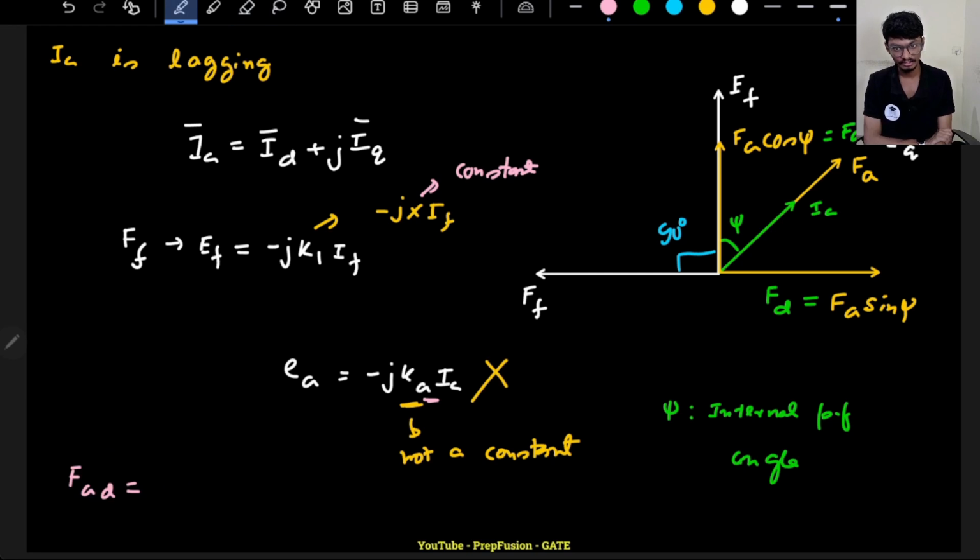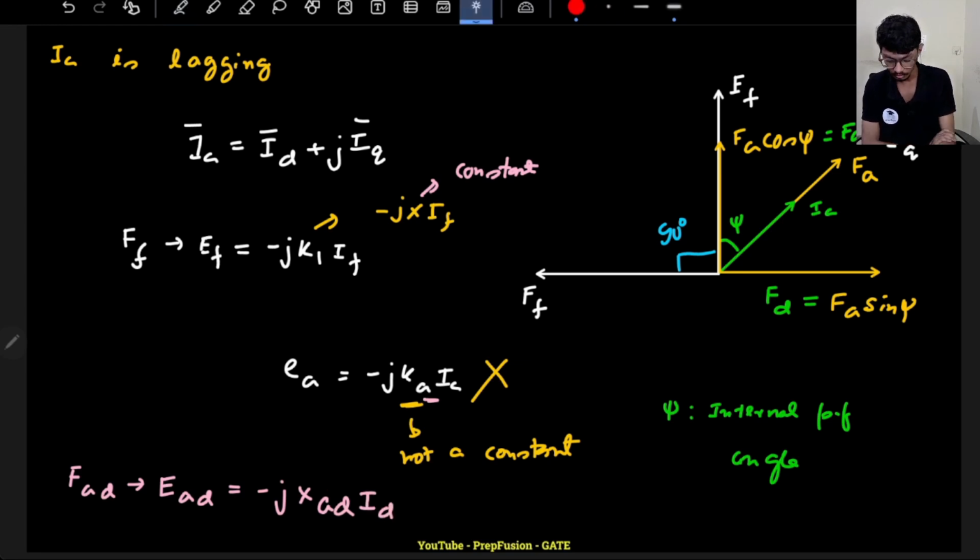Corresponding to FAD, there will be EAD, for which it is minus j times the direct axis reactance Xd into Id.